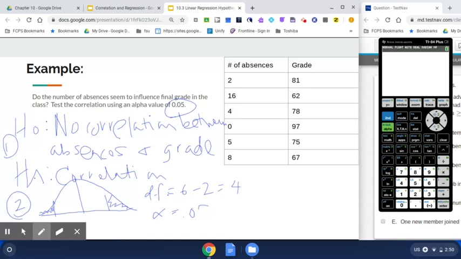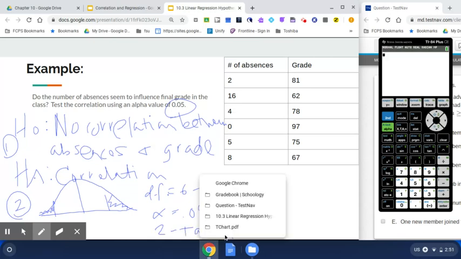So taking a look at the t-chart, degrees of freedom of 4 with an alpha of 0.05 in the two-tailed section, it looks like 2.776 is my critical value.